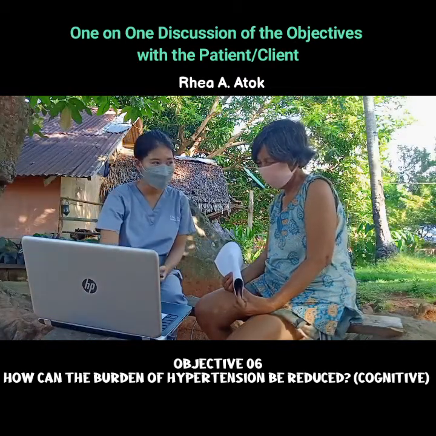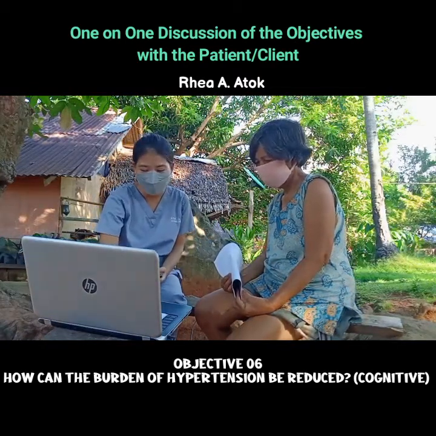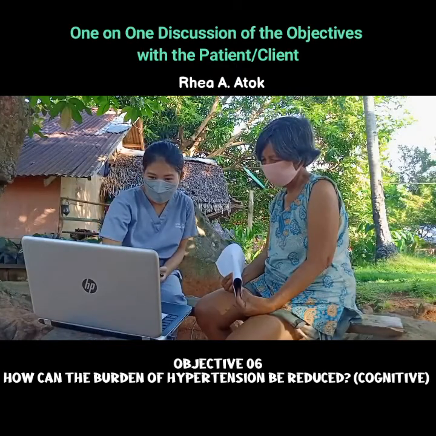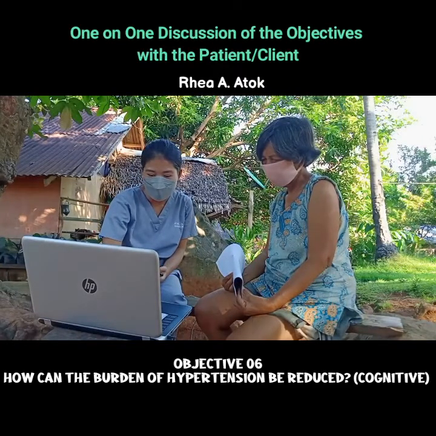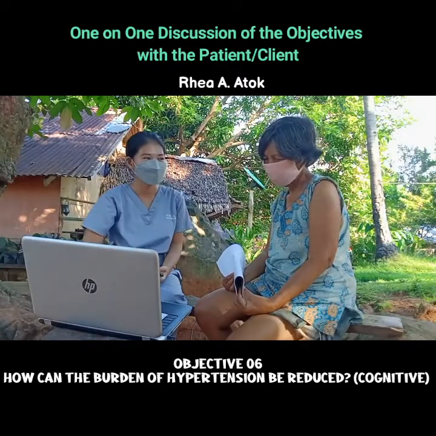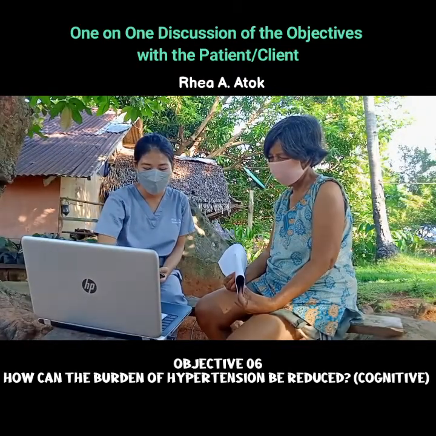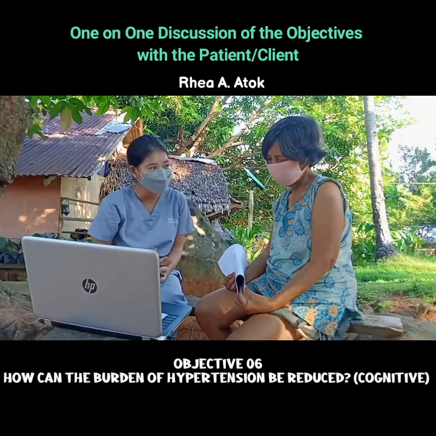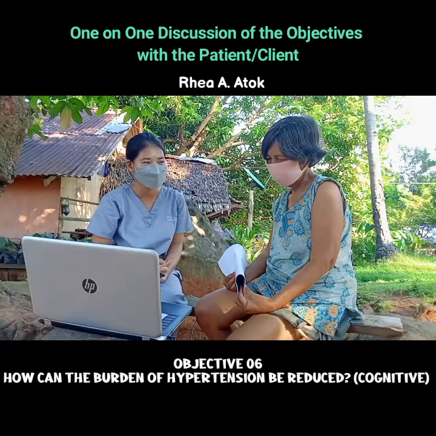To reduce hypertension, we should first reduce salt intake to less than 5 grams daily. The second one is to eat fruits and vegetables regularly.